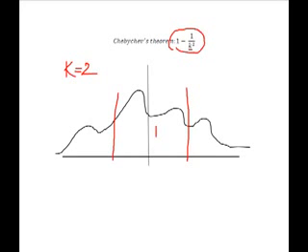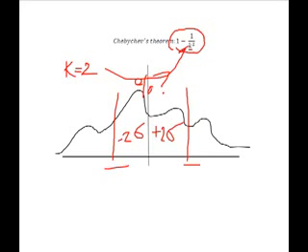So we'll say this is plus 2 standard deviations, this is minus 2 standard deviations. And I obviously have a goofy looking curve here that's not normal. If I want to know what percentage falls in between this value and this value, I simply substitute 2 for k, and then I solve.